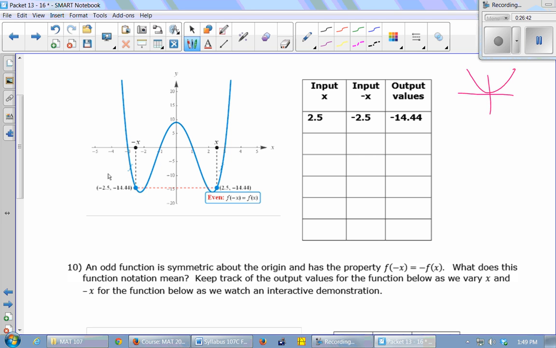Looks like that, right? Is that even? Yeah. And so that's y equals x squared. It's even because it has y-axis symmetry. Is that exponent on the x an even or an odd number? Even. Yeah. That's why. It has to do with the exponents.